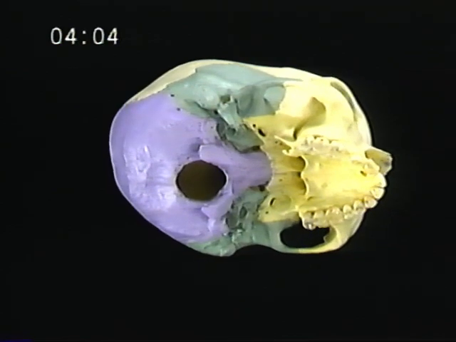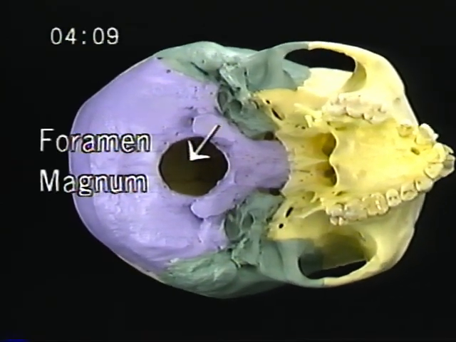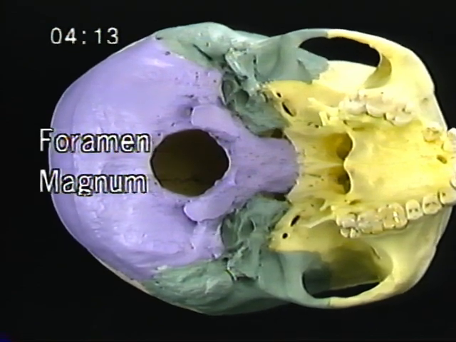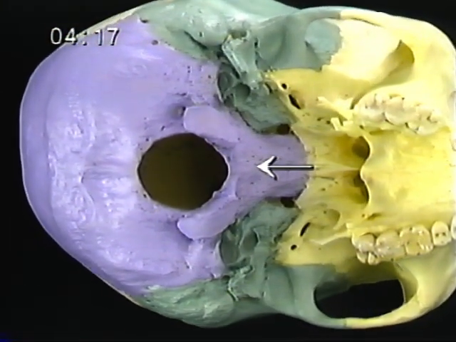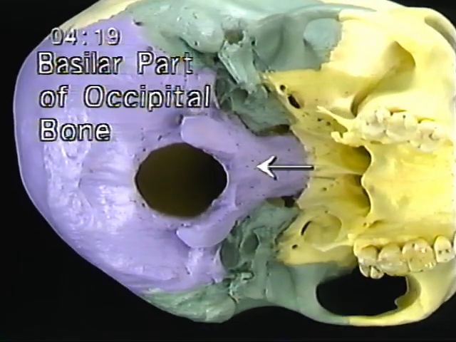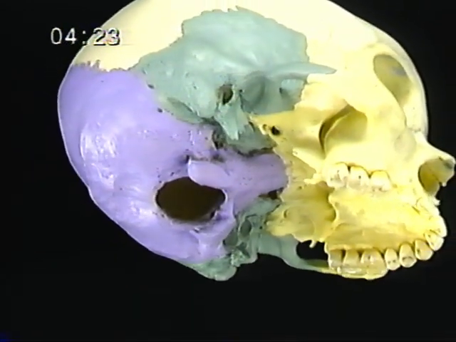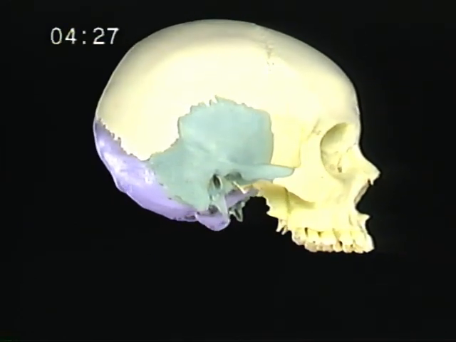The most striking feature of the occipital bone is this large opening, the foramen magnum, through which the spinal cord and its accompanying structures pass. The part of the occipital bone in front of the foramen magnum is called the basilar part, often referred to as the base of the occiput. The 2 temporal bones converge on it from each side. We'll look at them in a minute.